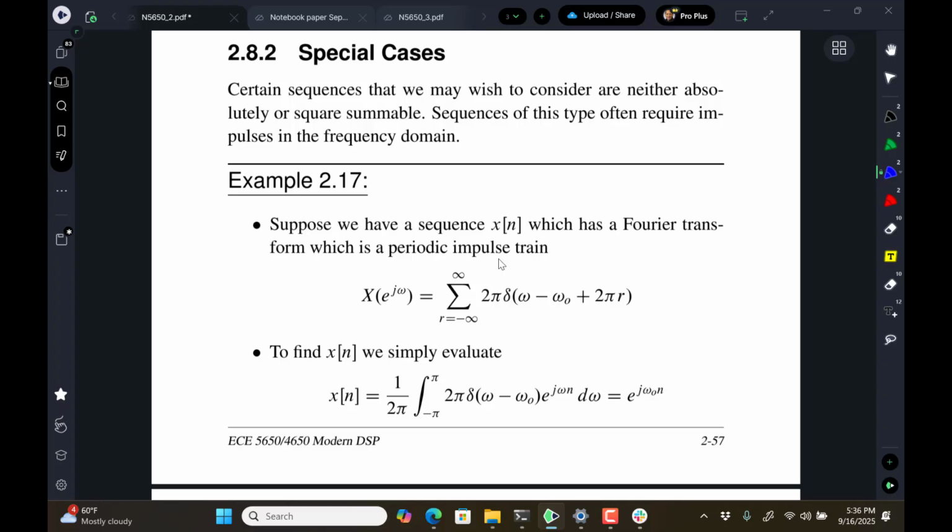These types of signals require impulses in the frequency domain, and they're not strictly physically realizable. They're just nice to have included in the family of waveforms. Just like in the continuous time domain, you got introduced to using a delta function to represent the spectrum of a sinusoid that runs forever.